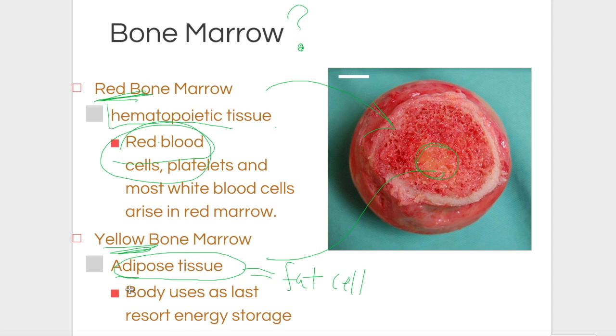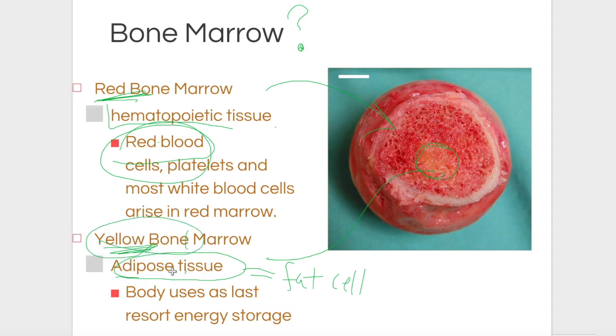Now, fun fact, when you are just a child, you tend to have all red bone marrow, even within the medullary cavity. The purpose is our bodies are so busy producing red blood cells and white blood cells during that early growth. But as you become an adult, your needs for producing white blood cells are pretty much established, and so we will be essentially storing all of the excess fat that we take into our bodies in the form of yellow marrow.